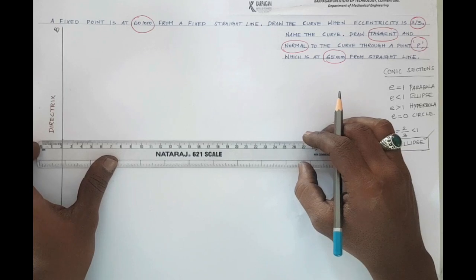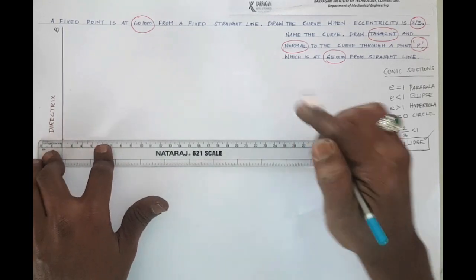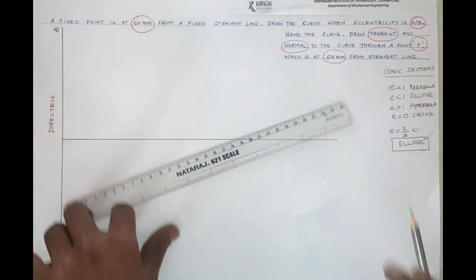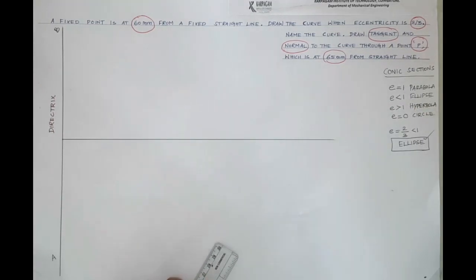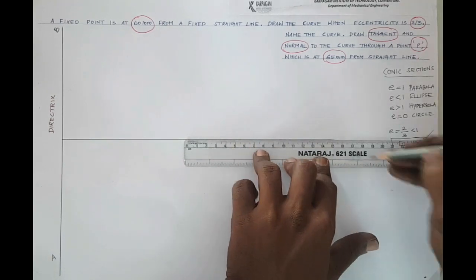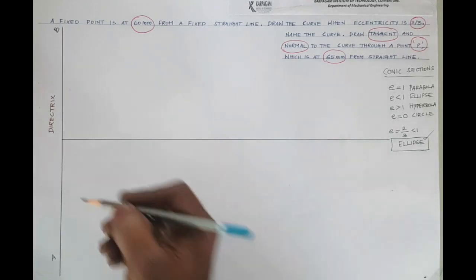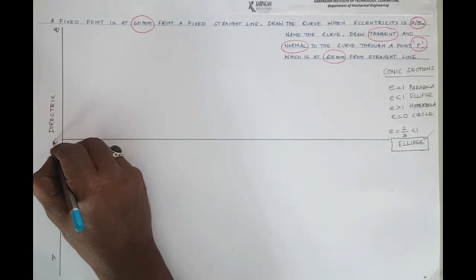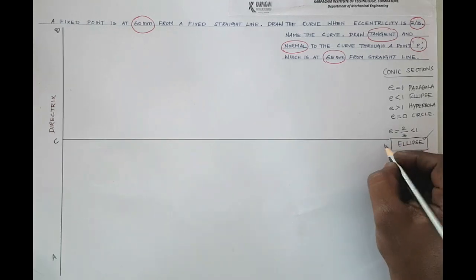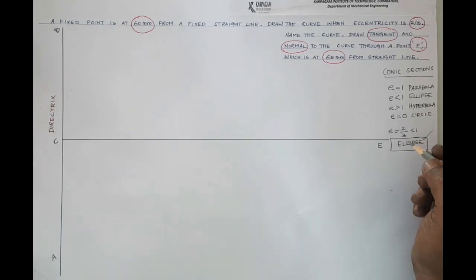Then take your scale, and draw a horizontal line from that point to the whole distance, and this point is called C. This point is called C, and the right side end can be marked as E.